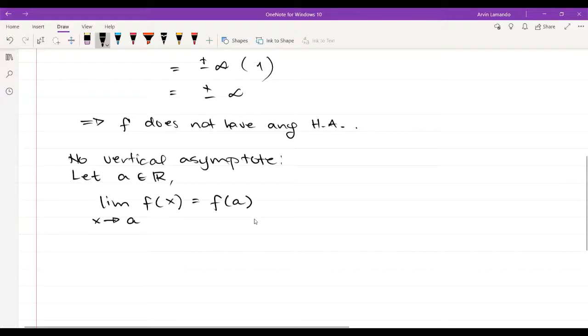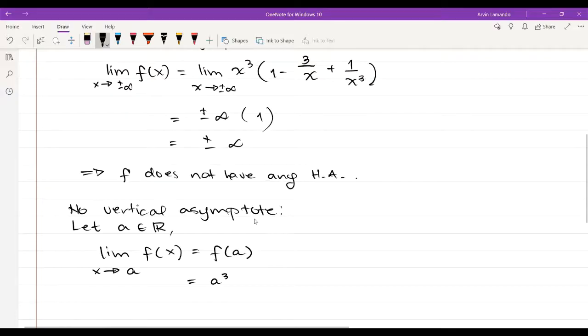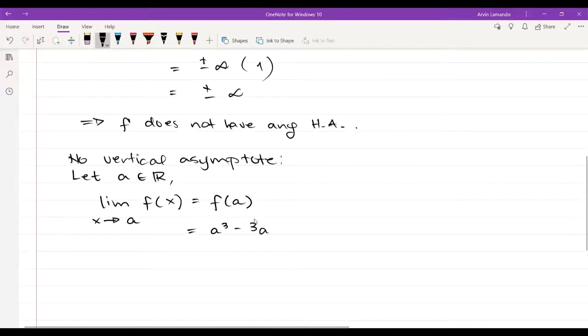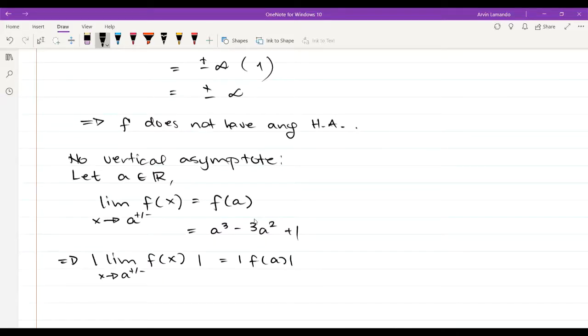But f of a is just a cubed minus 3a squared plus 1. And therefore, the absolute value of the limit of f of x as x approaches a, from the left or from the right, doesn't matter, is just equal to f of a. And we know that this is always finite.